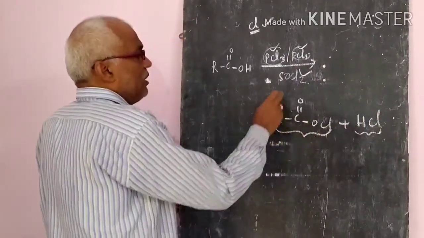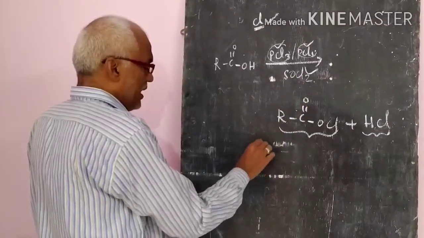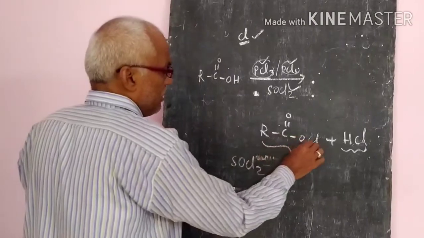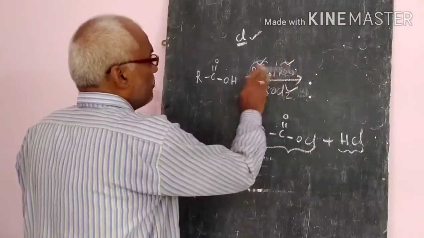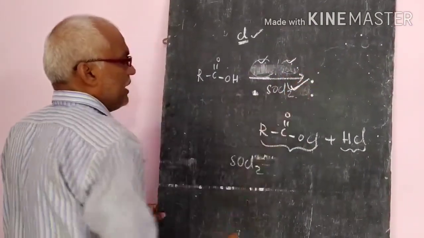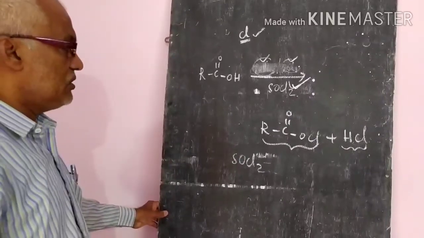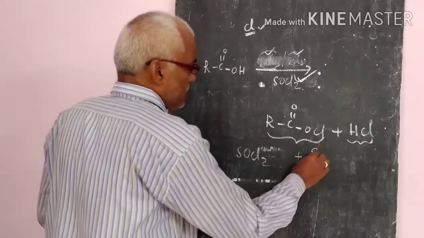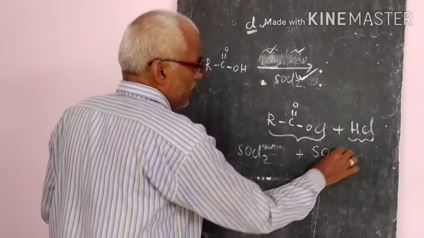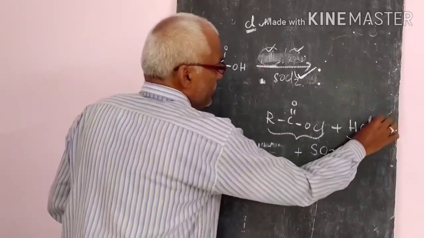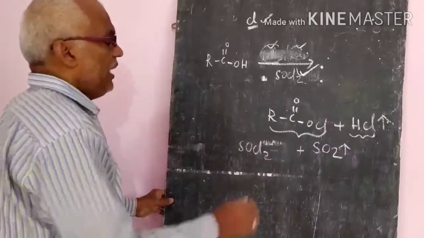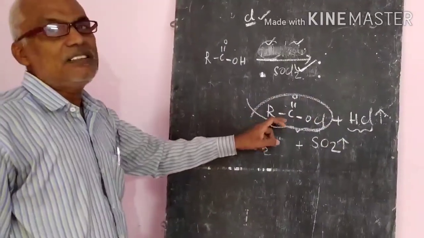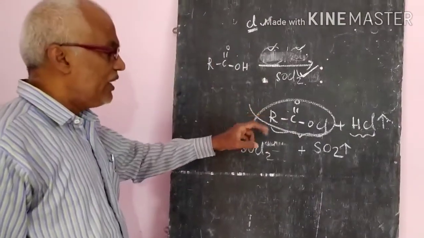But when it reacts with SOCl2, thionyl chloride, in the formation of RC double bond OCl, what will happen? What products will be there? Sulfur dioxide is a gas and HCl is also a gas, and you will get the pure compound. We already discussed this reason in haloalkanes and haloarenes also.